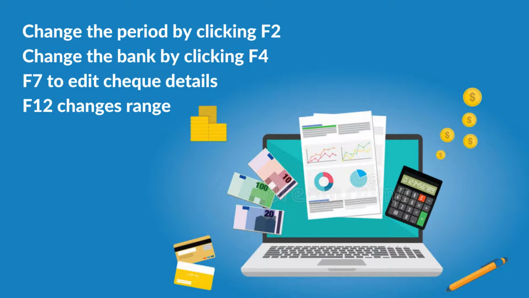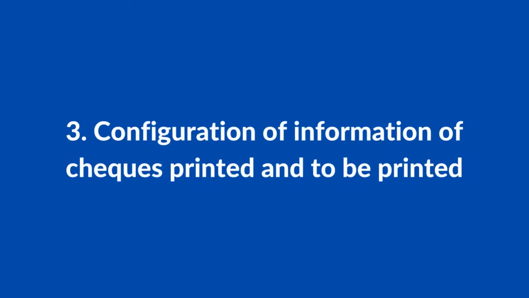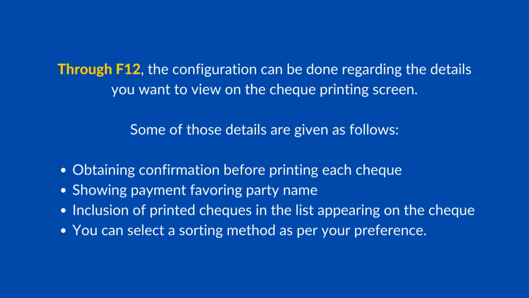The check details can be edited through F7, which allows altering the instrument number, favoring bank, and date of the instrument. The check printing screen can be filtered through F12 that changes range based on bank date, favoring name, date, amount, instrument number, ledgers, narrations, transaction type, remarks, etc. Through F12, the configuration can be done regarding the details you want to view on the check printing screen.